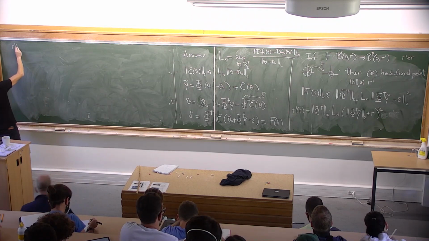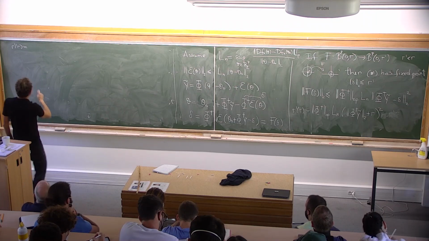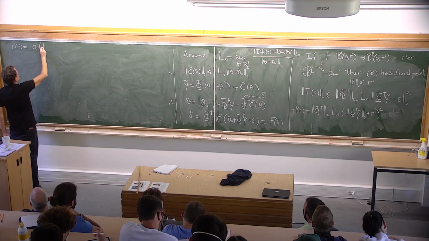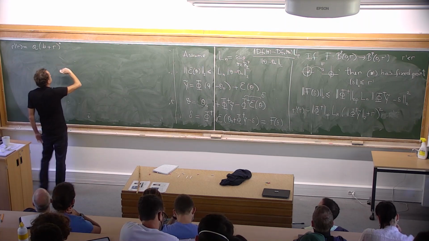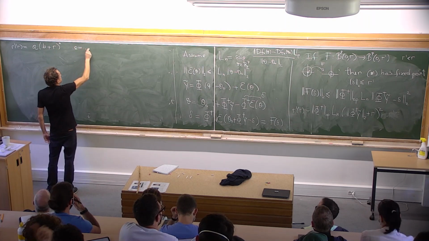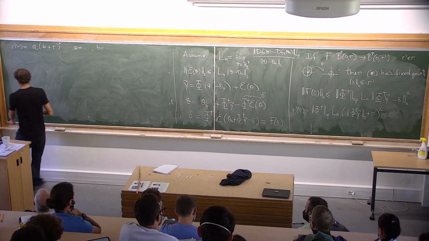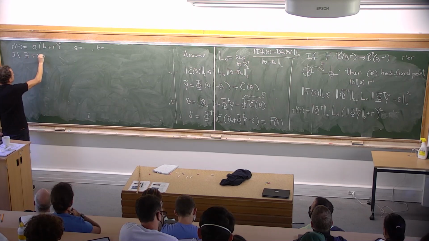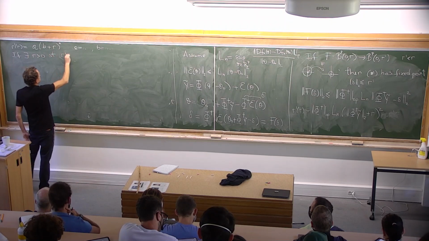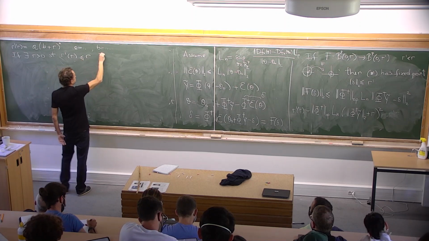So R prime of R has the form A plus B times B plus R squared, where A is something and B is something else. If there exists an R positive such that R prime of R is less than R, I'm done.